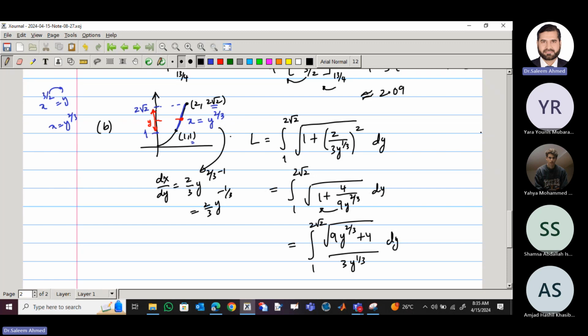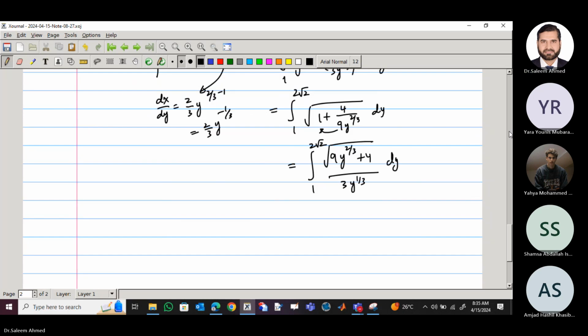Now what substitute? Now the derivative of this 2 by 3 is 1 by 3. So I can replace this whole inside thing as u.